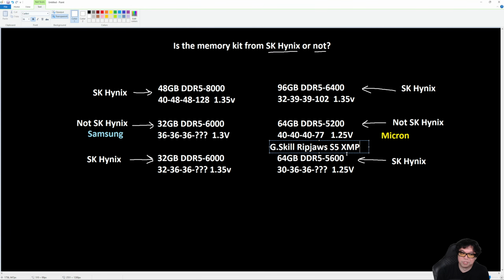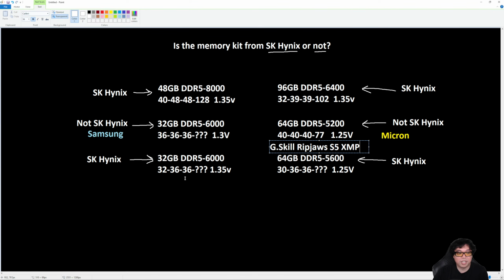So one of the more interesting ones. My very first DDR5 kit that I ever purchased was an SK Hynix 64 gigabyte kit with G-Skill Ripjaws branding and an Intel XMP profile, and I was using that with my Ryzen 9 7950X with the Gigabyte X670E Aorus Master. That was my very first DDR5 build.